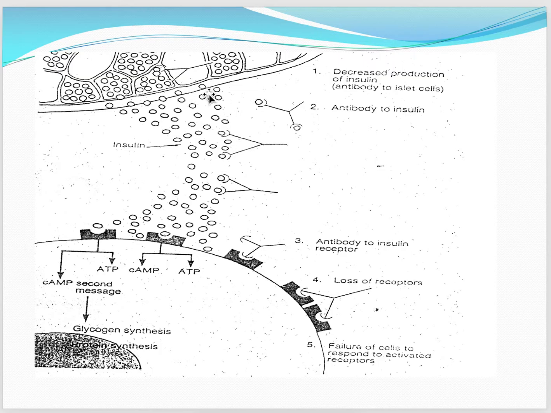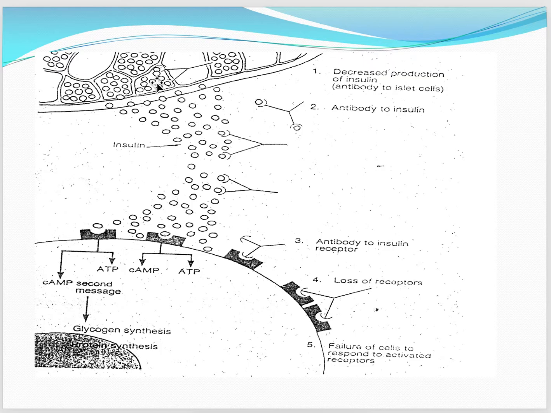For example, some antibodies can react with the islet cell itself and cause destruction of those cells. That is, they can inactivate the islet cells. So in this case, the islet cells are getting destroyed, and enough insulin cannot be produced, which will cause type 1 diabetes.